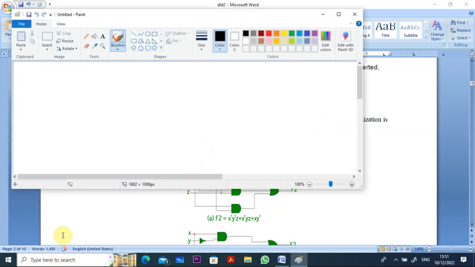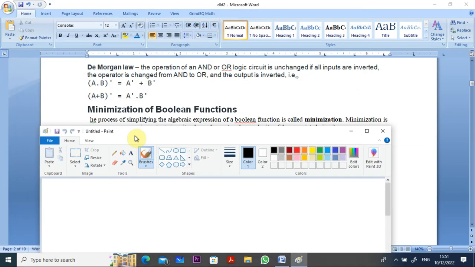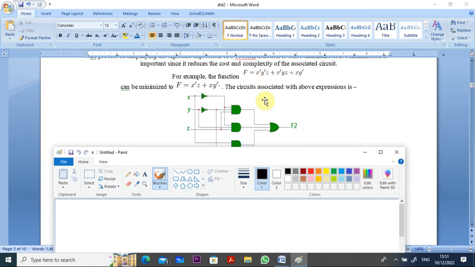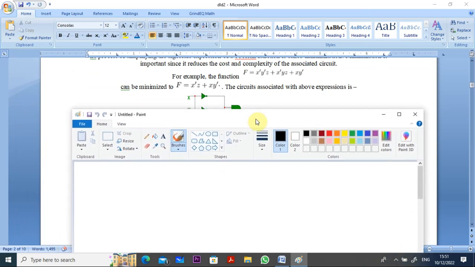Now let us see. I take this function, and I will solve it and show you. What is our function? Initially, our function, I write it here. Now I am writing capital F, which is equal to complement of x into complement of y into z plus, can you see it here?